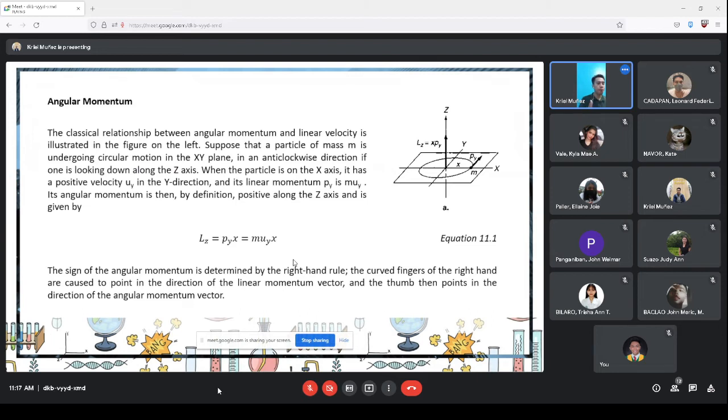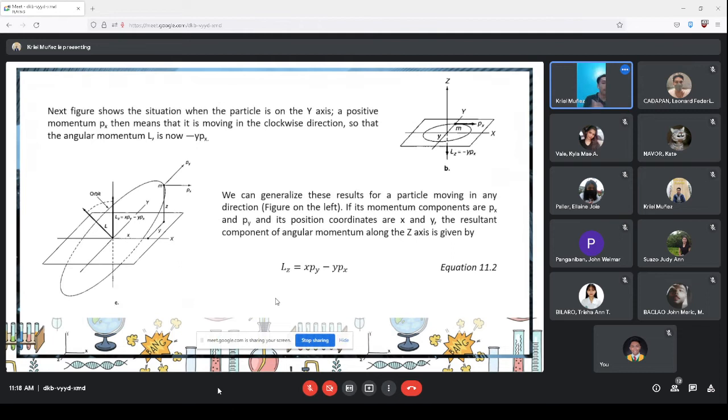The curved fingers of the right hand are made to point in the direction of the linear momentum vector, and the thumb points in the direction of the angular momentum vector. So when counterclockwise, it points up. When clockwise, by the right hand rule, the direction of our angular momentum points down.